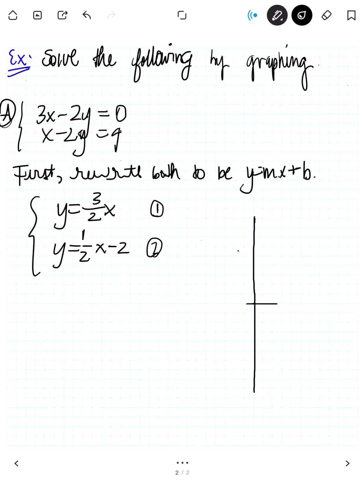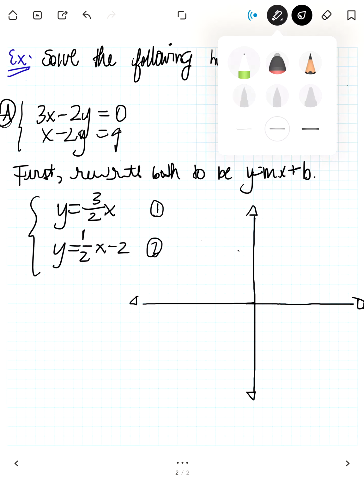Okay, that's good. All right, so I got a little more than 8 in each direction. But generally speaking, I don't give you solutions that aren't on the grid. So this should be enough.